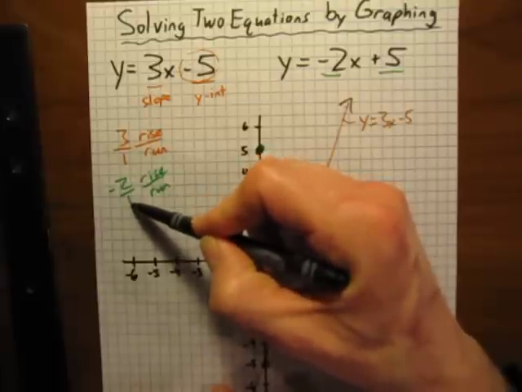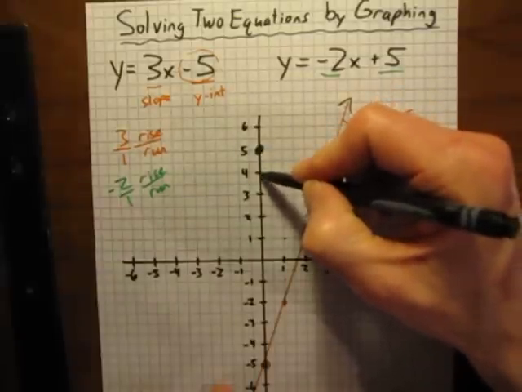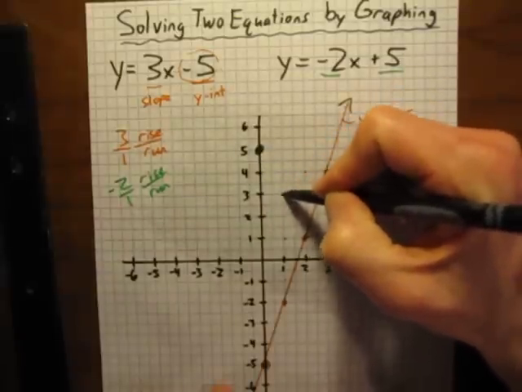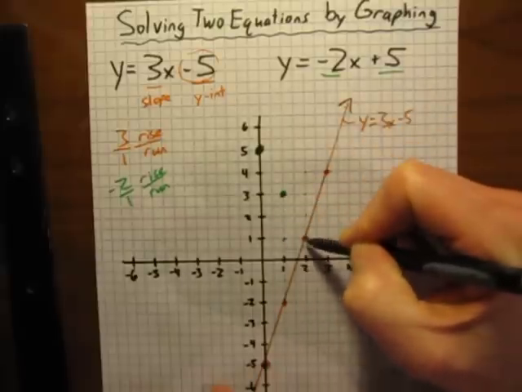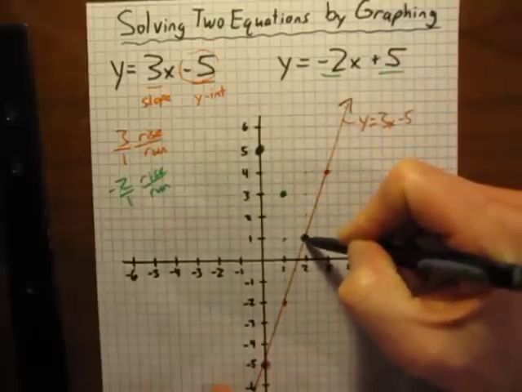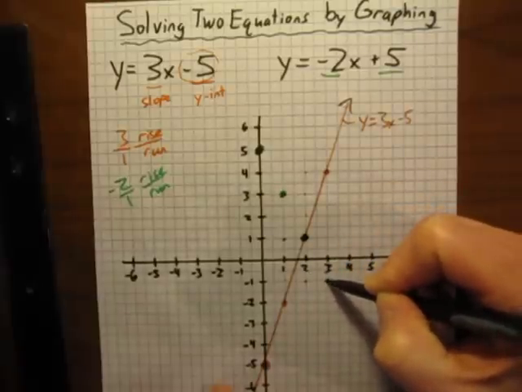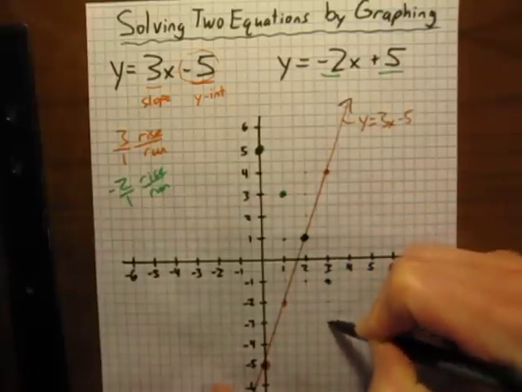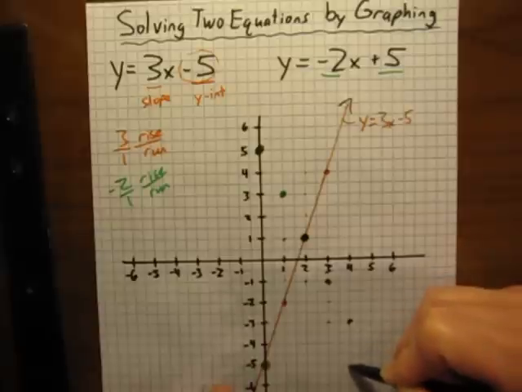Down 2, 1 to the right. Let's do that. Go down 2, 1 to the right, and repeat it again and again to get more points.